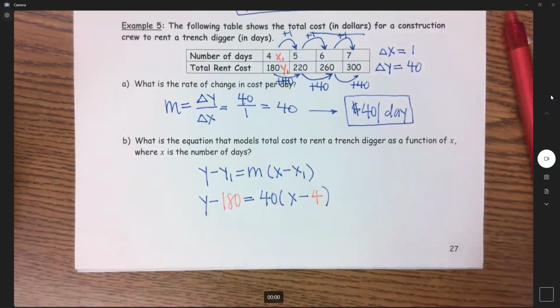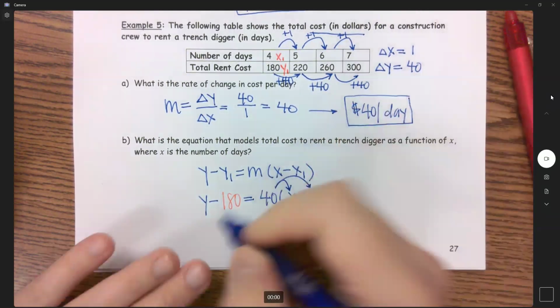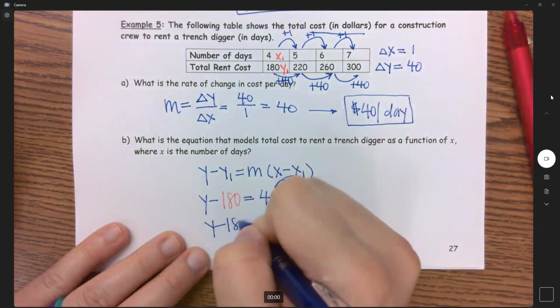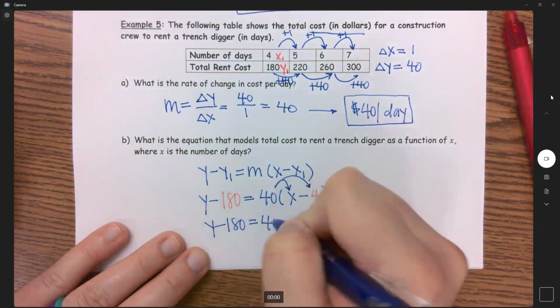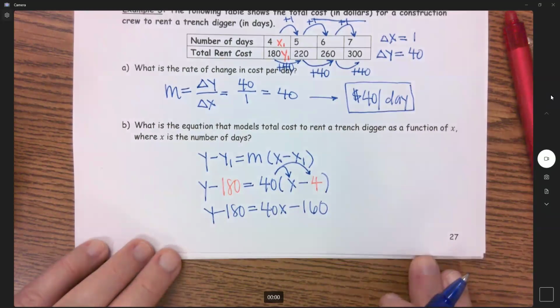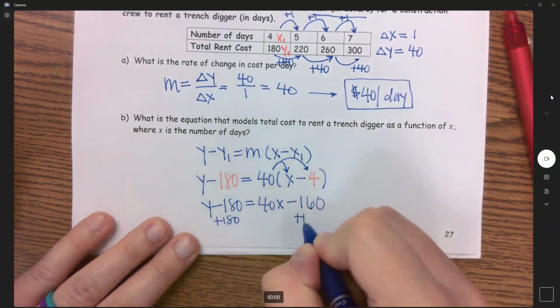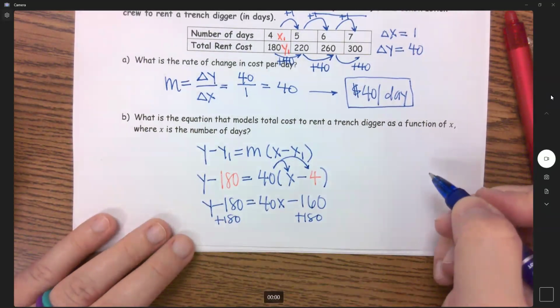Okay, so same 2 steps every time. We're going to distribute in that slope first. So I get y minus 180 equals 40x minus 160. And then last step is to add our 180 over.